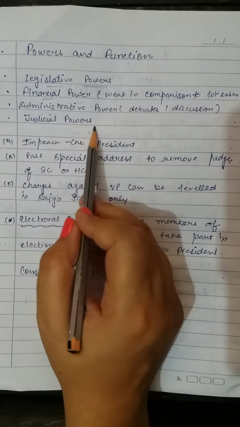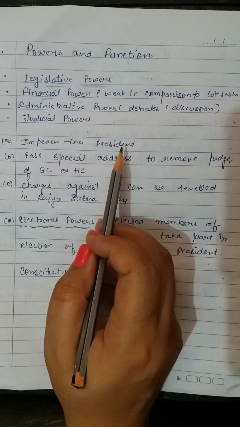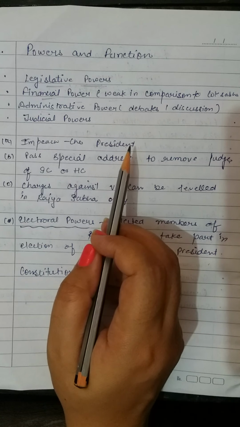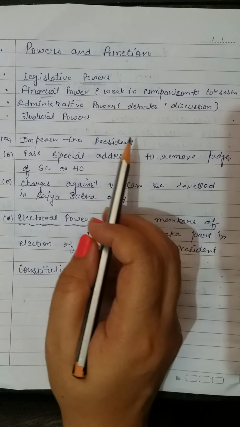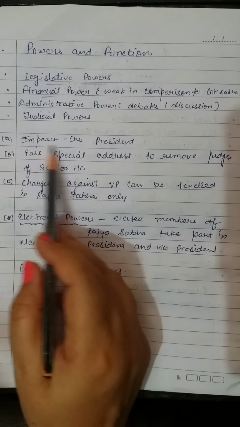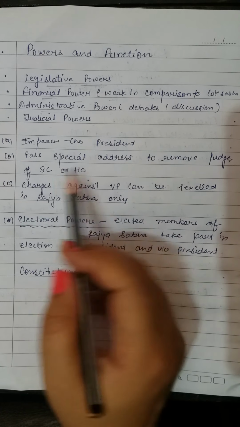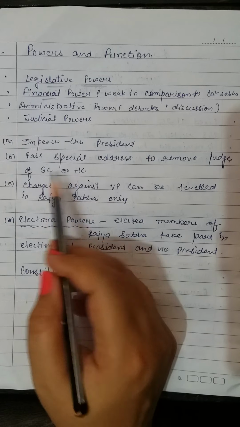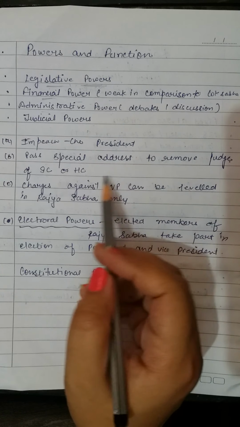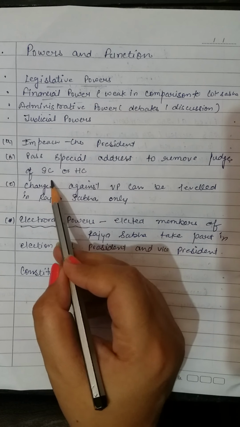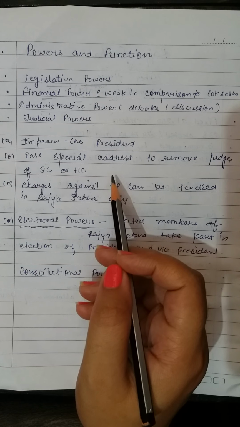Next are the judicial powers. They can impeach the president if they think the president is not doing proper work or has done something not in the favor of the country; they can pass a motion of impeachment. They can also pass a special address to remove judges of the Supreme Court and High Courts if they are not doing their duty properly.